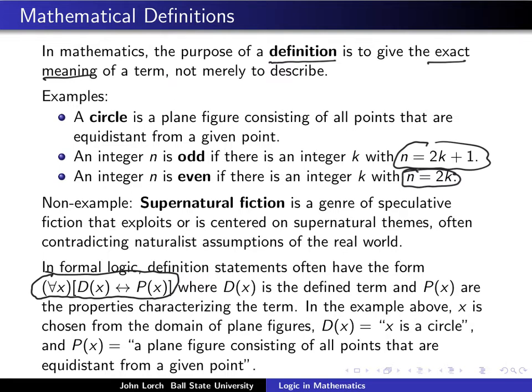So, at any rate, what you might notice is that the symbol involved in the formal logic interpretation of a definition is the symbol for if and only if, right? We want the notion of a circle to be equivalent to the notion of being equidistant from a given point.